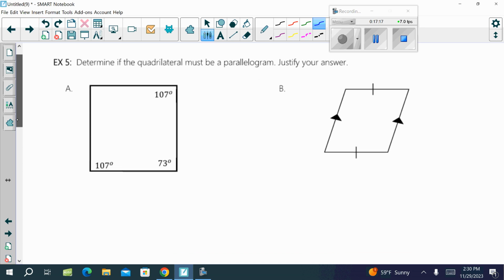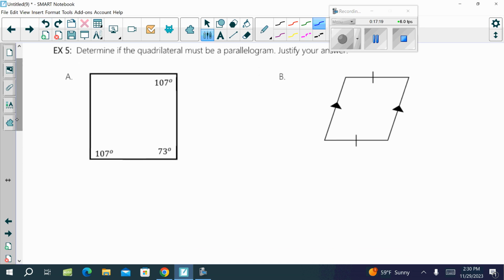So it says, determine if the quadrilateral must be a parallelogram. So we look at this first one, and we've got 6 properties we need to think about, and which one of those properties would help us determine if that's a parallelogram. They're supplementary. Good. So we have one angle that's supplementary to both of its consecutive angles, correct? Yeah.